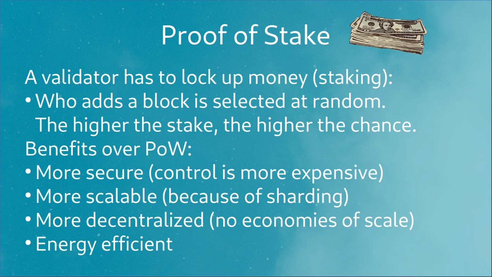A proof-of-stake blockchain can be made more scalable than a proof-of-work blockchain. This is because with the proof-of-stake consensus mechanism, the validators are known beforehand. The validators are known beforehand because to become a validator, you have to first stake your money.